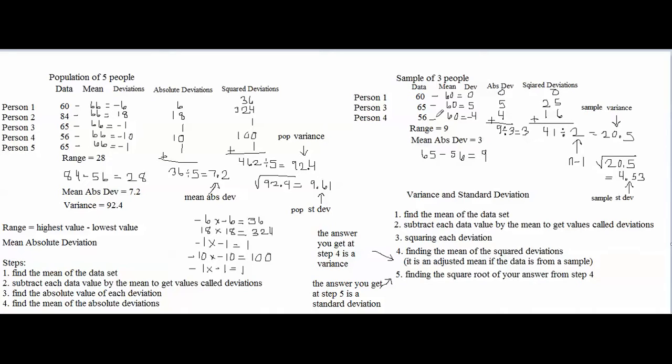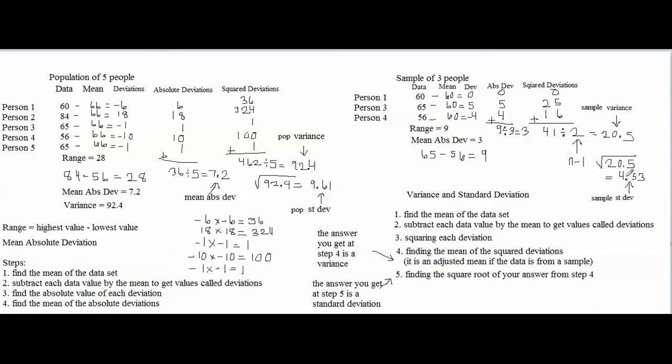So what this means is that if you don't use any adjustment, your sample variance and sample standard deviation will tend to underestimate the population variance and standard deviation because of the sample having less spread than the population. And what this adjustment is meant to do is to bring up the sample variance and standard deviation to a higher number.